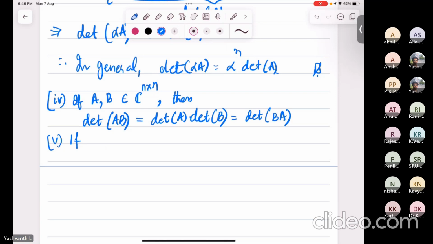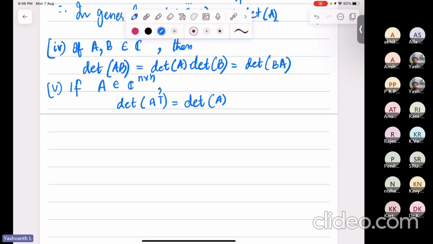Okay. Now, the fifth property is, if A belongs to C to the n by n, an n-dimensional matrix, then determinant of A transpose equals determinant of A. That is, transposition of a matrix will not change the determinant of the matrix. Okay, that is the key that we need to remember.